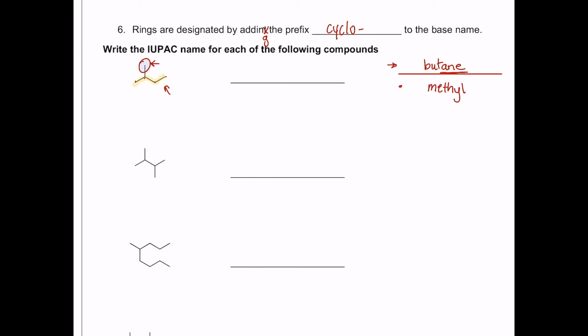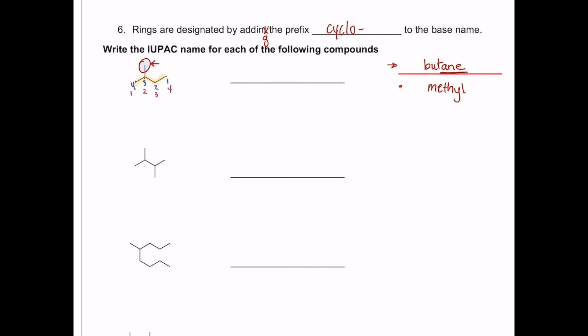Now we have to figure out how to number this. There are 2 ways to number this. I can number it the blue way, 1, 2, 3, 4, or I can number it this pink way, 1, 2, 3, 4. Now remember, when you're numbering the parent chain, you want to number it so that you give your substituents the lowest possible number.